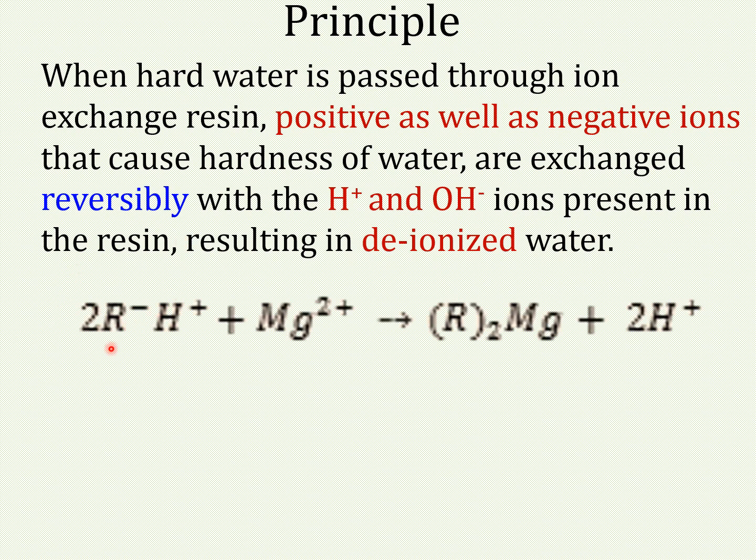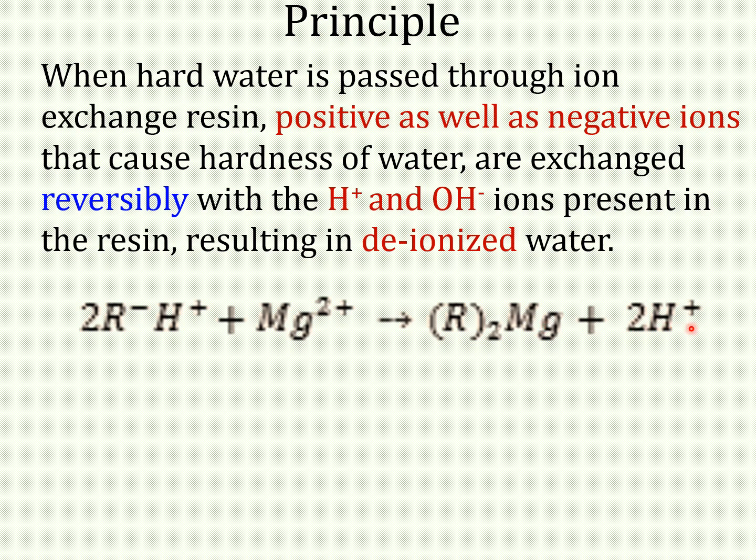Here, cation exchange resin is R minus H plus, and when the water that contains the cation Mg2 plus is passed through the resin, all the Mg2 plus will be taken away by the resin, and in exchange it will be releasing H plus to the water. Look at this equation: 2 R minus H plus plus Mg2 plus giving R2Mg plus 2H plus.